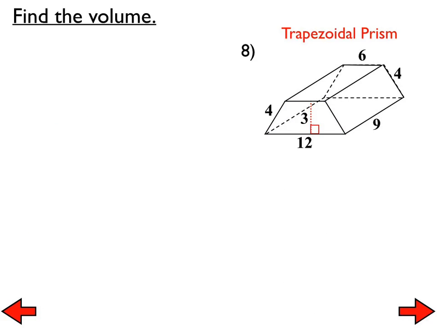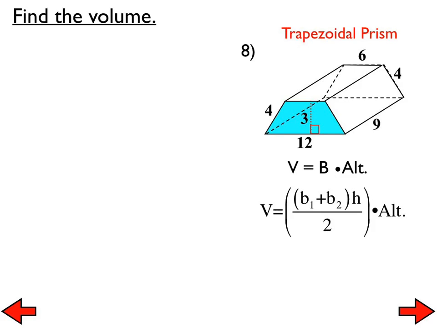So this is a trapezoidal prism, which means we have to find the area of the trapezoid and multiply it by the altitude. Notice in every single one of these, I'm highlighting what the base is, and then I'm redrawing it off to the side. So we have a trapezoid over here, where I'm just transferring everything over. It has a base 1 of 6, because of the 6 right there. It has a height of 3 and a base 2 of 12.